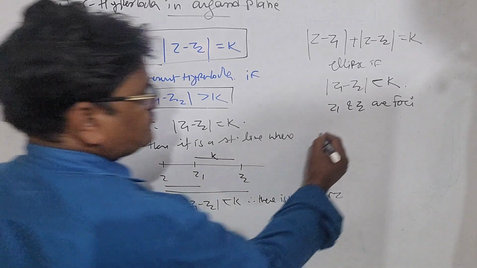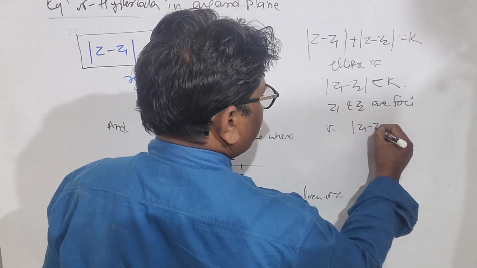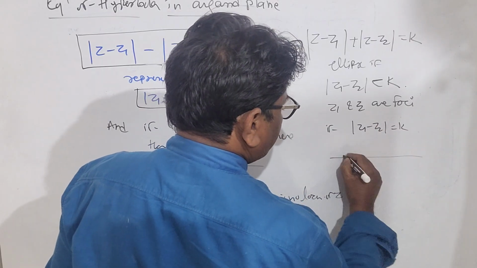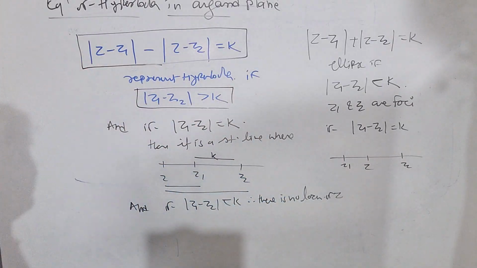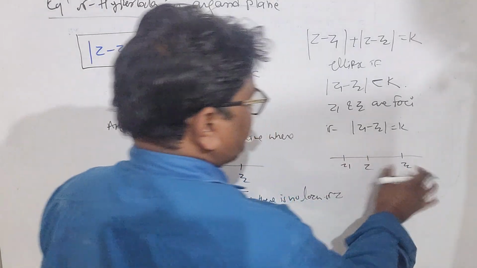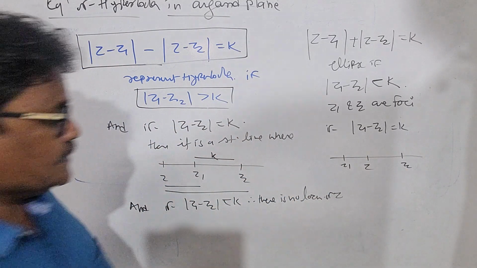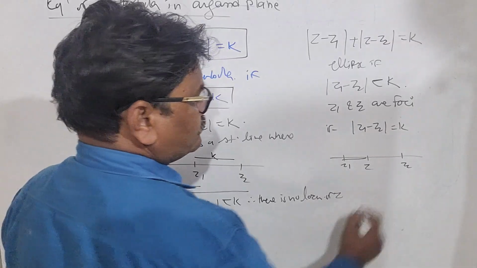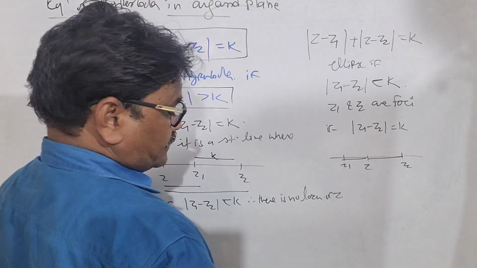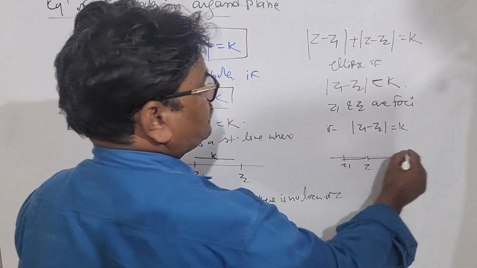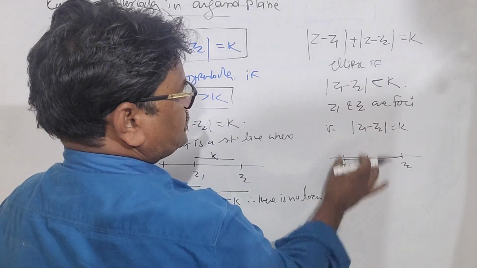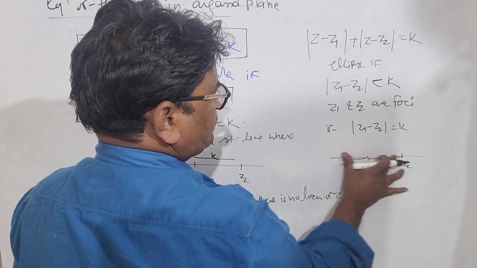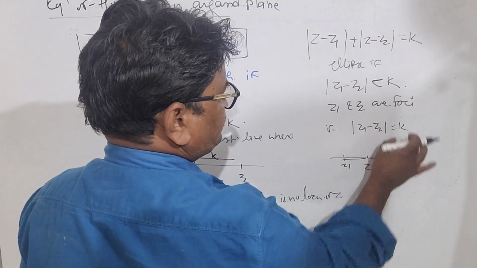But here, if modulus of z1 minus z2 equal to k, then z is lying between z1 and z2 on the line which is passing through z1 and z2, because this distance is modulus of z minus z1, this distance is modulus of z minus z2, and the sum of these two distances is modulus of z1 minus z2, that is equal to k.